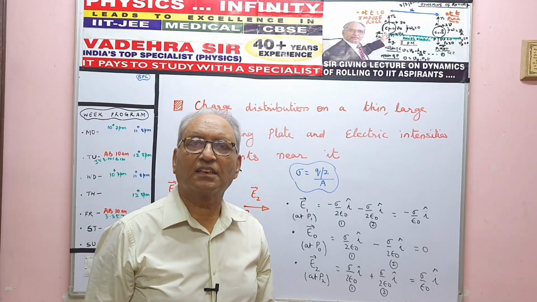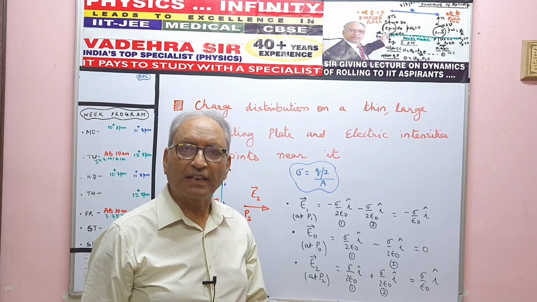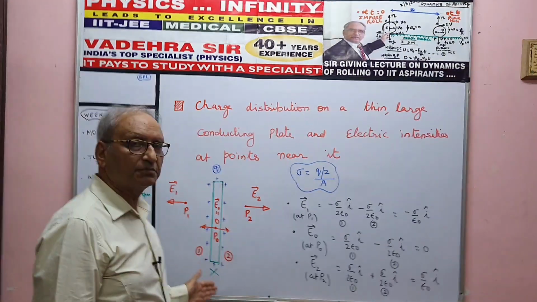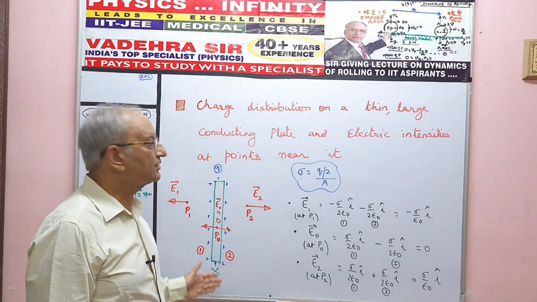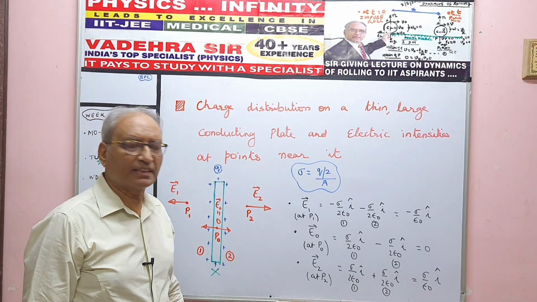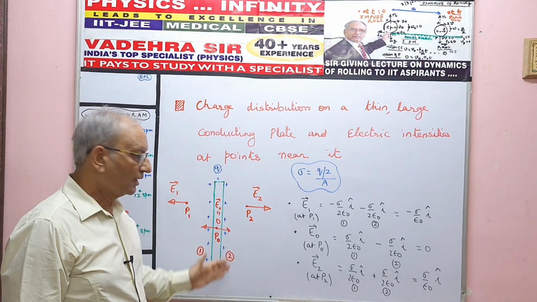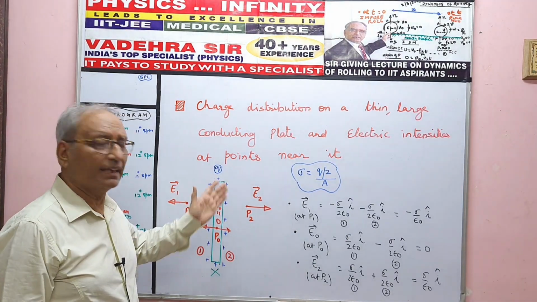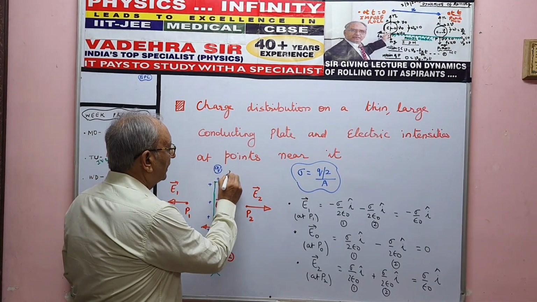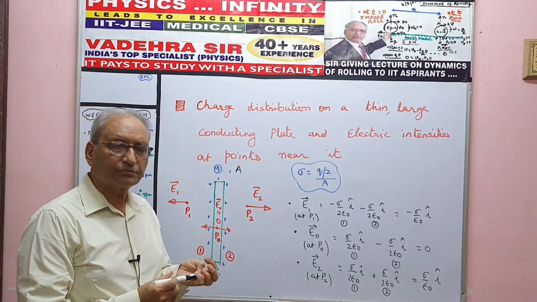Let us now take the case of a thin, large, single conducting plate. The plate is given a free charge Q circle. I represent the free charge as Q circle. The plate is large, the face area of the plate is A, and the plate is thin.